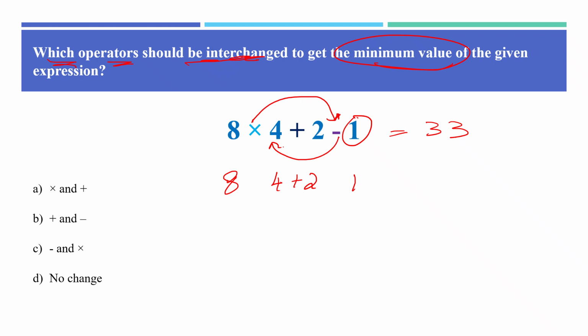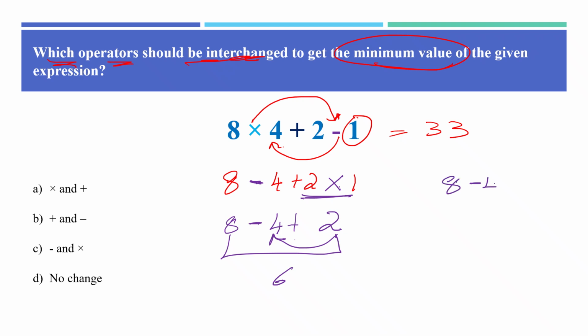Let us give the multiplication symbol here and the subtraction symbol here, so that 2 times 1 is 2. So it keeps the number small. And here 8 minus 4. Yeah, we can use the associative property now. 8 plus 2 is 10. 10 minus 4 is 6. So I have 6 for the expression 8 minus 4 plus 2 times 1. This gives me 6.